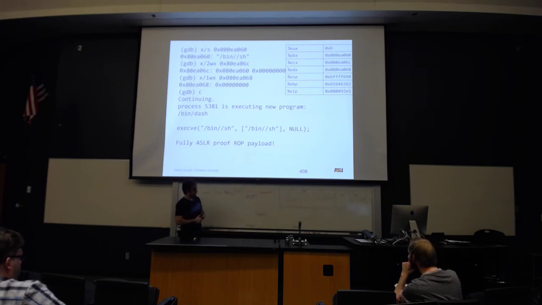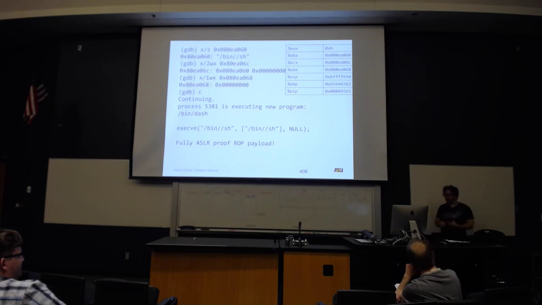The way ASLR works in Linux is you have your amazing memory layout that's horizontal. Somewhere in here you have your program. Maybe you don't know where it is. Its position is independent. Somewhere you have a stack.